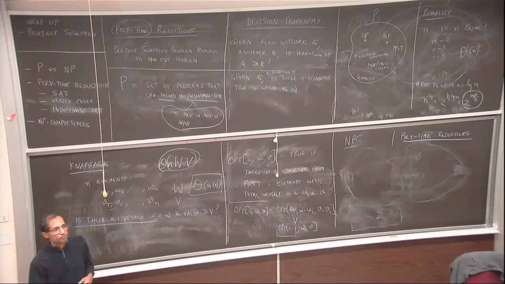We have defined this class P, which is a set of problems that we know how to solve in polynomial time. Yes? Based on what you're saying about W and the prime question we did earlier, let's say a really simple algorithm: I want to print all the values from 1 to n, and n is my input. Is that not polynomial time?